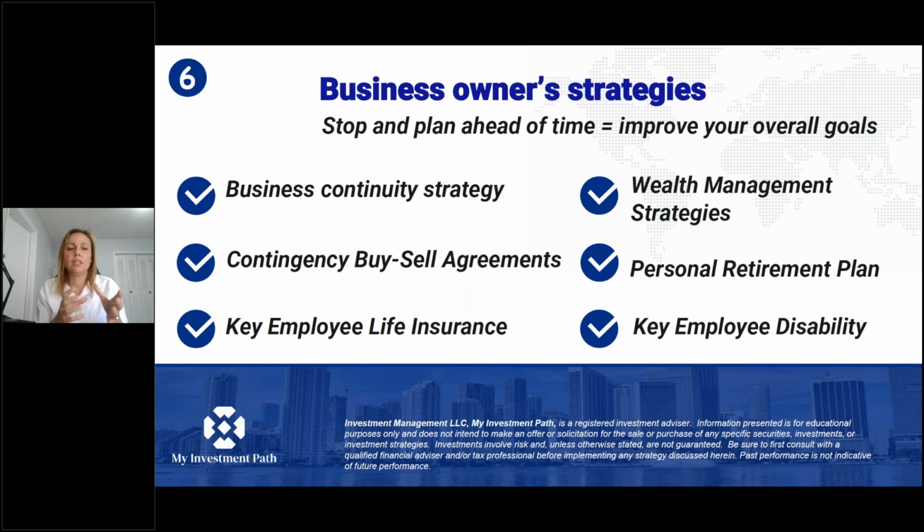With key employee disability insurance, if this employee gets disabled, the insurance supplies the income that this employee would be producing for the company. So it doesn't go to the employee, it goes to the company.